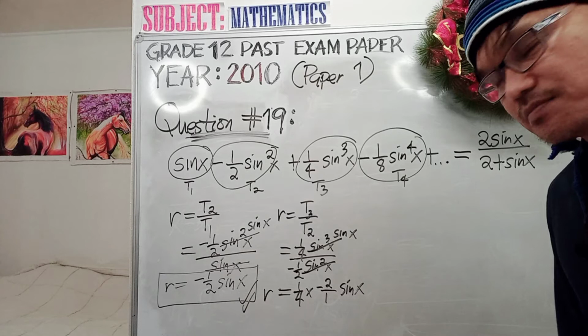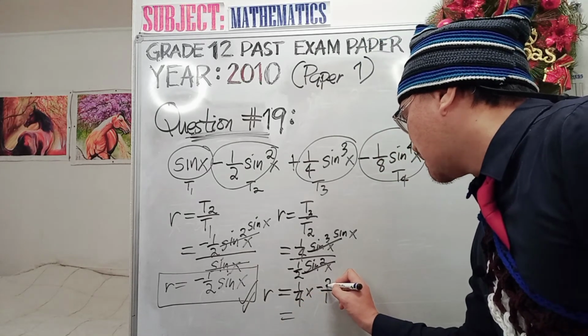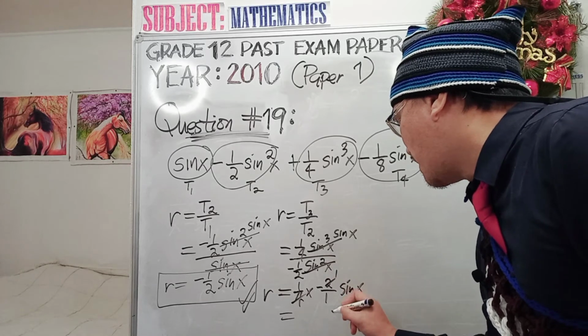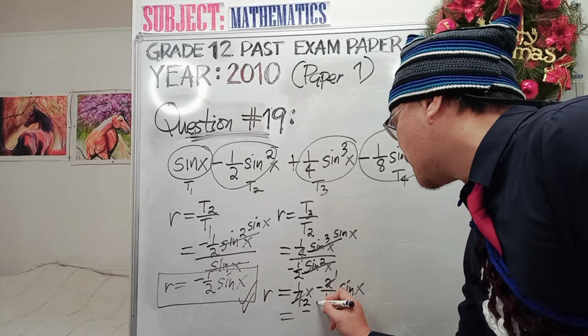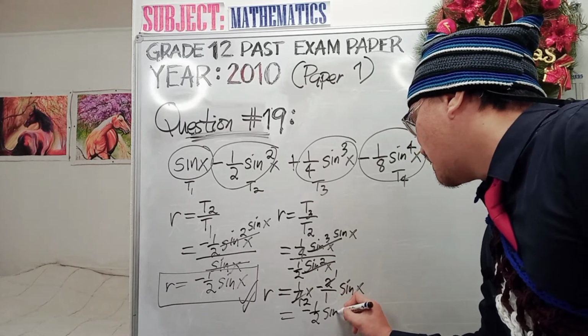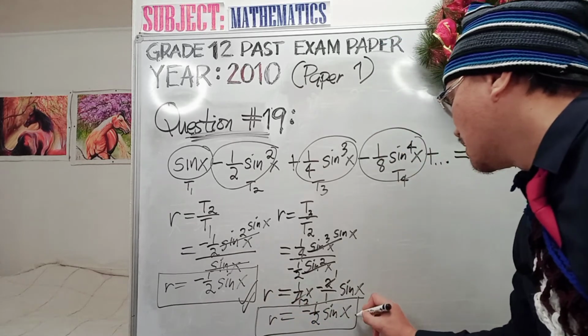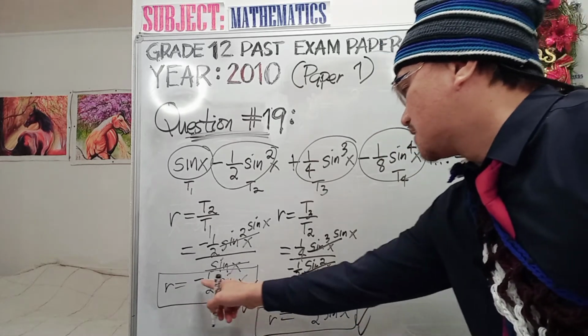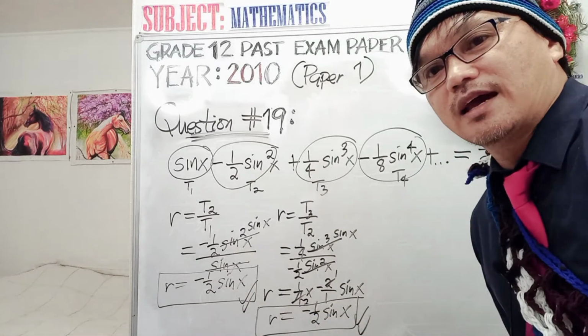You are advanced math students, so you should know this. So this cancels, this will be 1, and this is 2, so negative times positive is negative 1/2 sine x. So now we have the same common ratio, negative 1/2 sine x, as well.